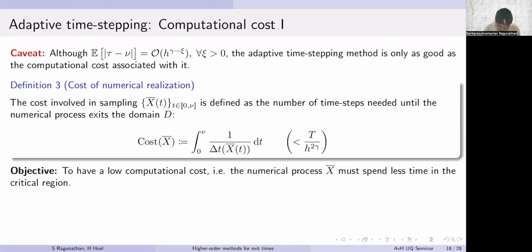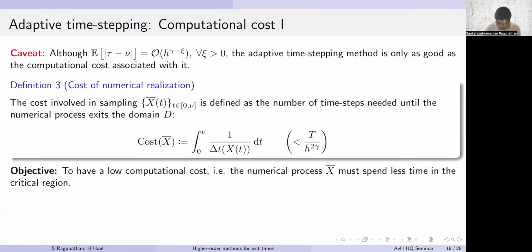So we consider the cost to be written as such. So basically, we count the number of time steps that we use until the process exits for just one realization. And then we take the expected value of this and compute the expected cost that's associated with it.